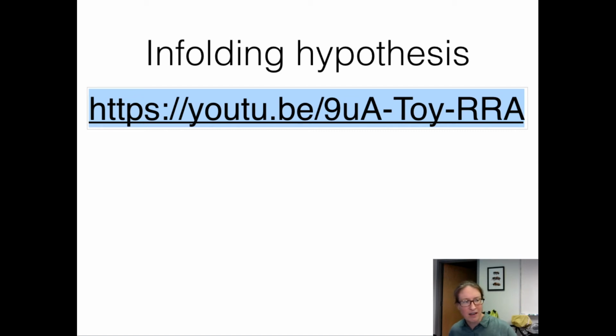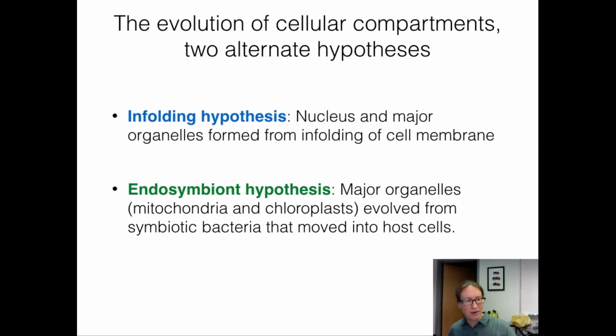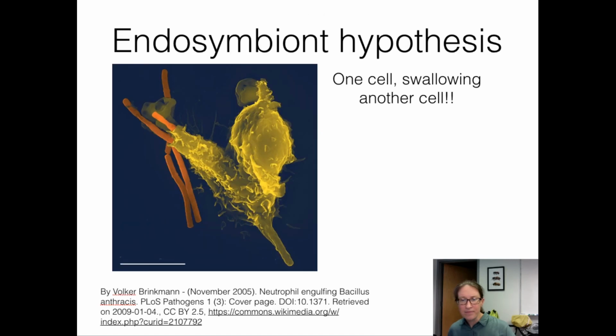So how about our second hypothesis, this endosymbiont hypothesis? Here's how the endosymbiont hypothesis works. First off, you have to know that one of the ways that some types of cells get energy and food is by swallowing other cells and digesting them. So here is an incredible image of that happening.